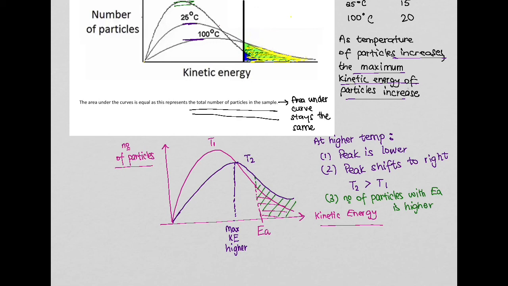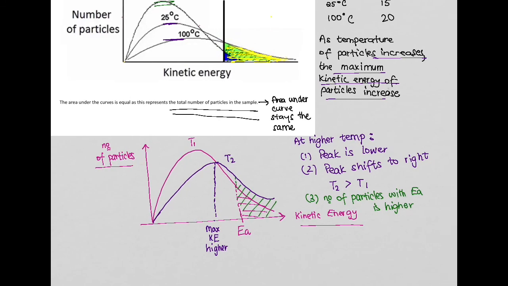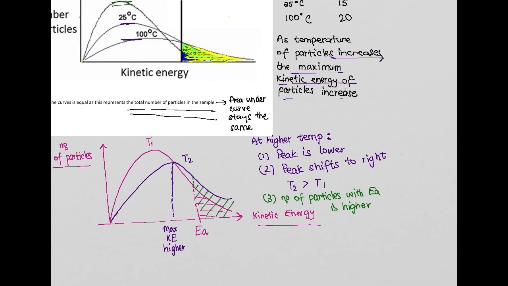Another thing you have to pay attention to as you're drawing the curve is to make sure you're not drawing symmetrical curves, which means you're not drawing something like this, and then the second curve like this. These are symmetrical curves, and you can see they meet at 0 as well. So this is wrong. Even if the peak is lower and it shifts to the right, these are symmetrical curves.